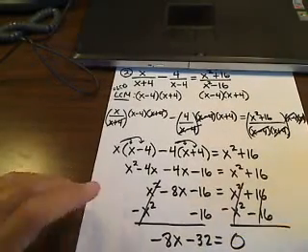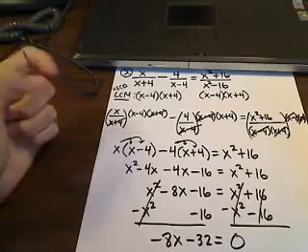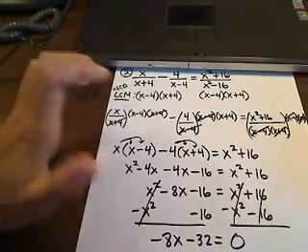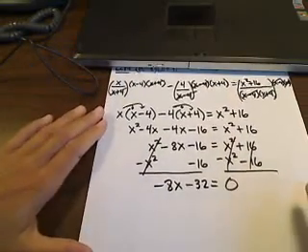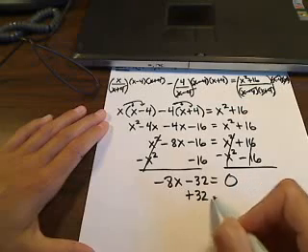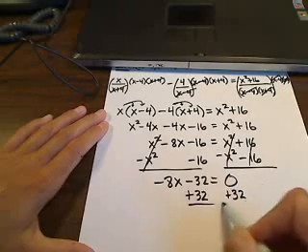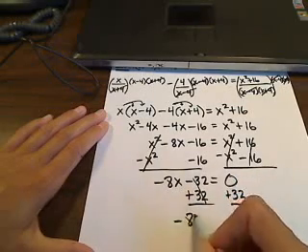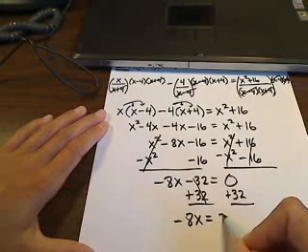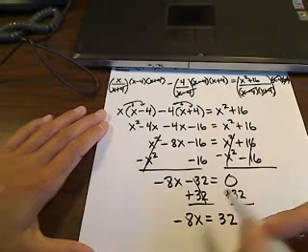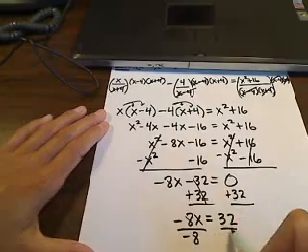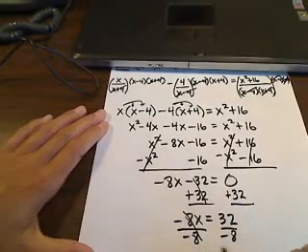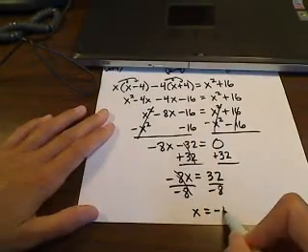Notice that the x squared went away, so it's no longer a quadratic. It's actually now just something that's linear, and we can solve that by adding 32 to the other side. We get a negative 8x equals positive 32, and then when I divide by a negative 8, I'm going to get x equals a negative 4.